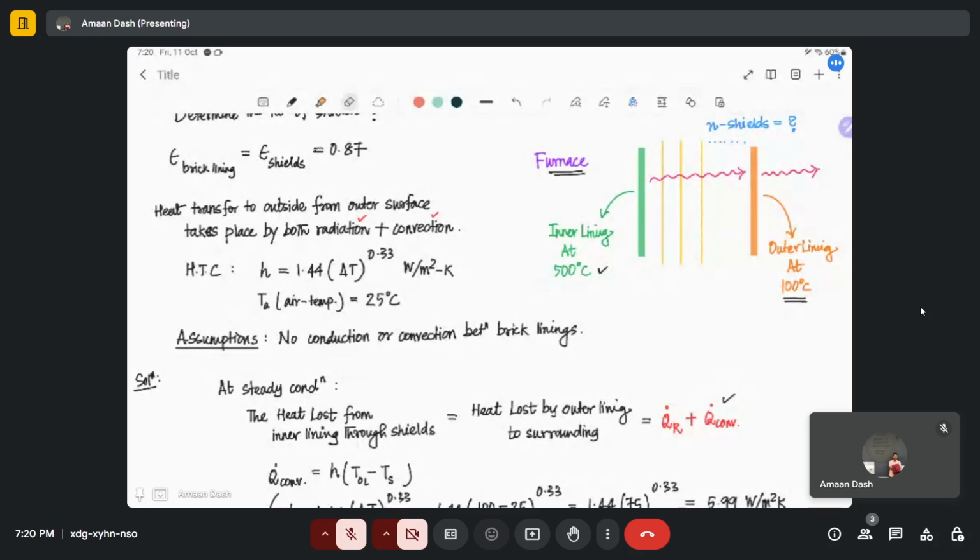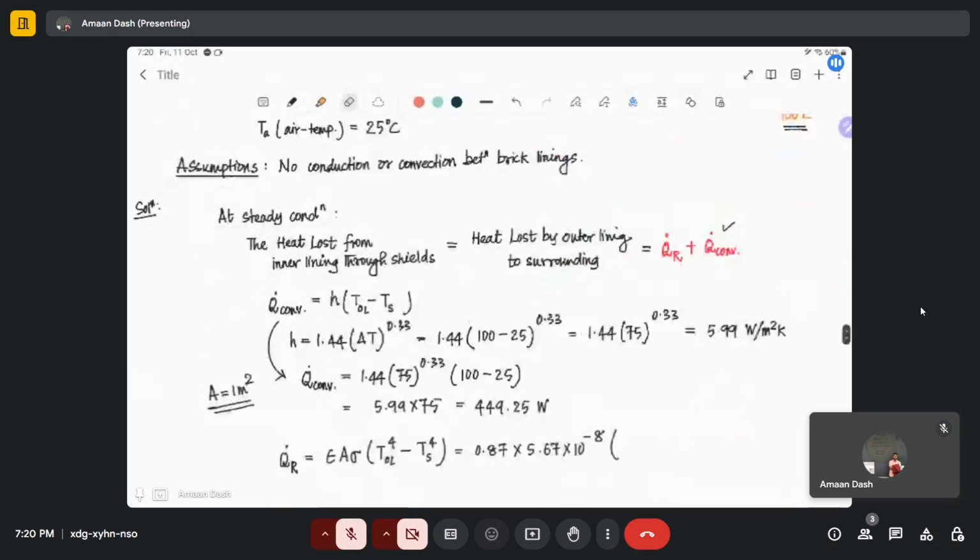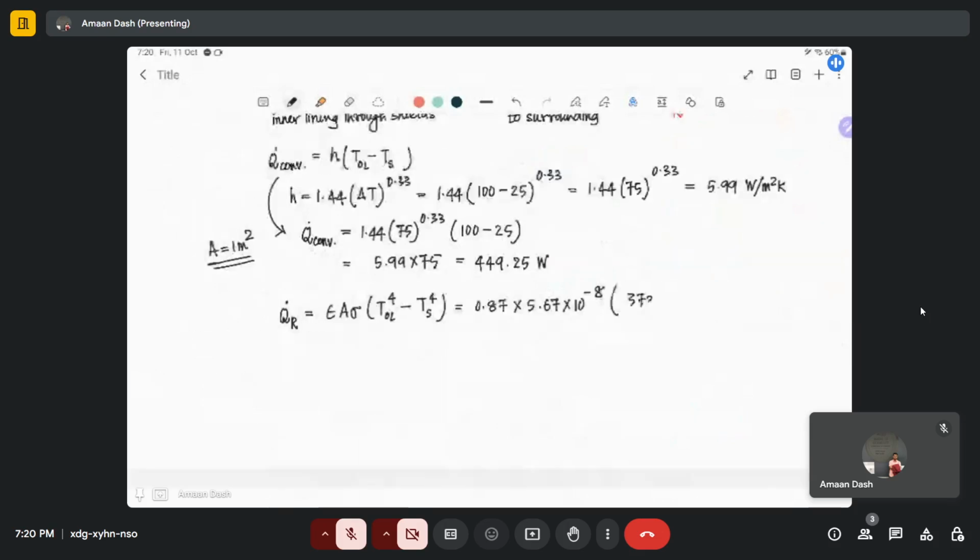Area is nothing but 1 meter square, we can consider per meter square area. So this Q dot of convection we have calculated.